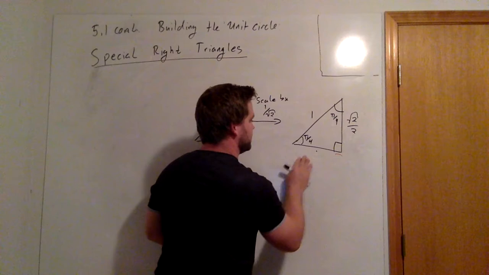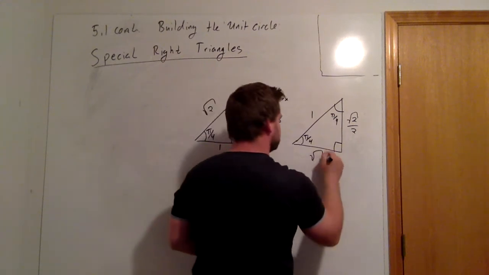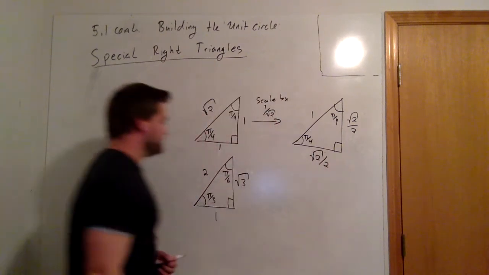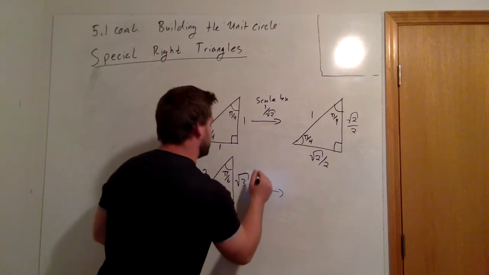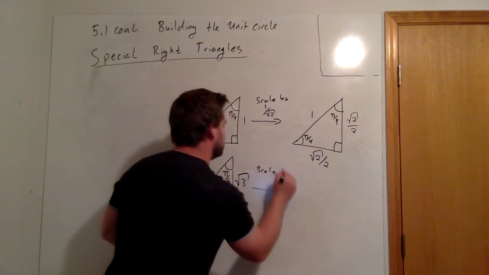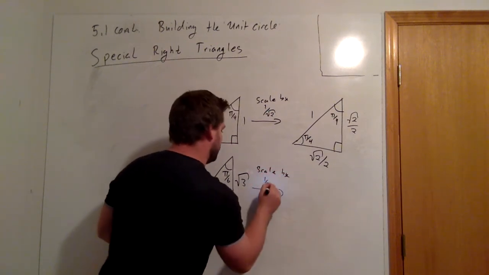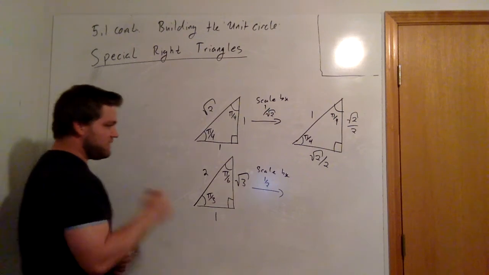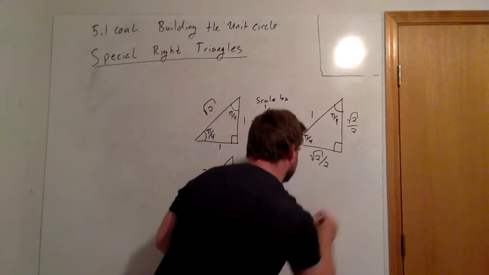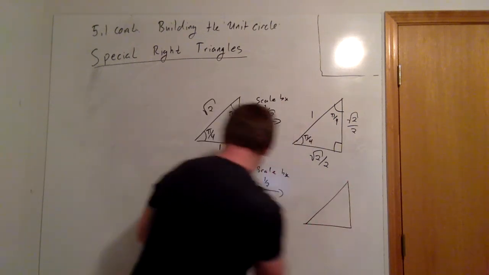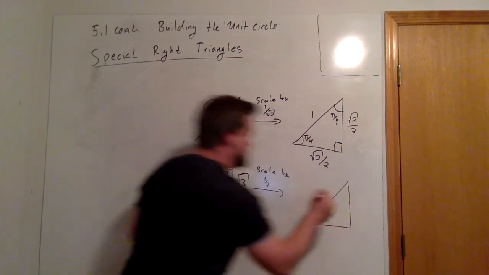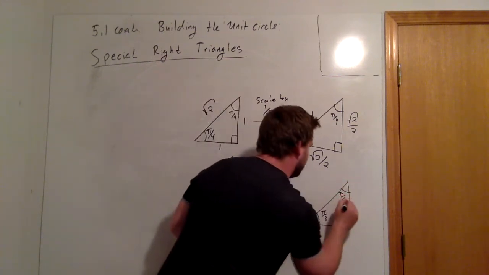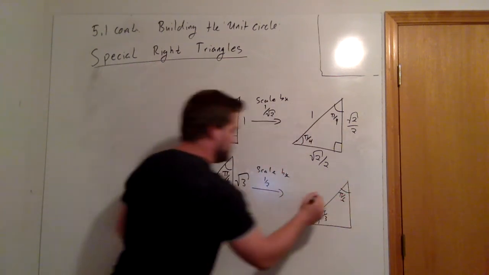And similar over here. For this triangle, I'm going to scale by 1/2. So I'm going to divide all the sides by 2. That will leave me with the angle pi over 3, and the angle pi over 6. 2 divided by 2 is 1.